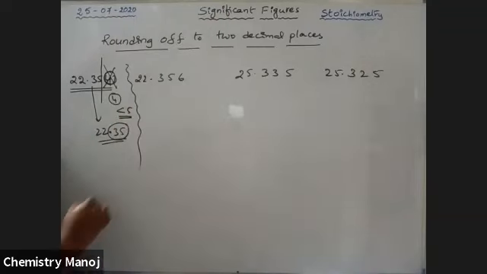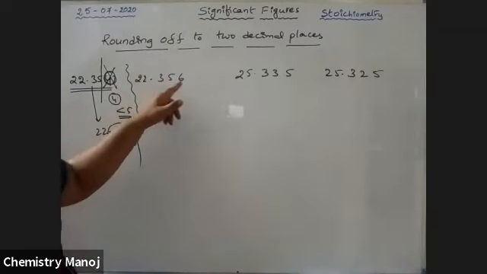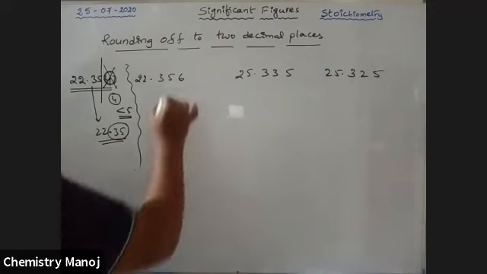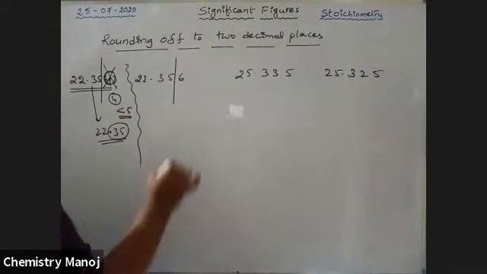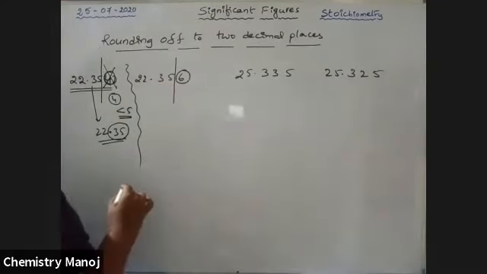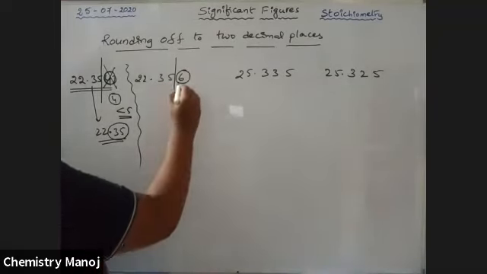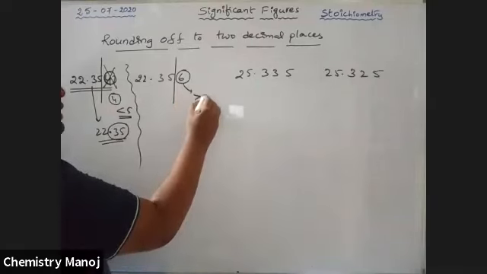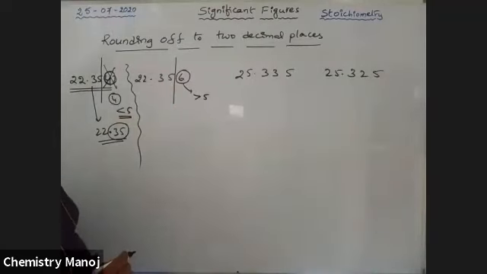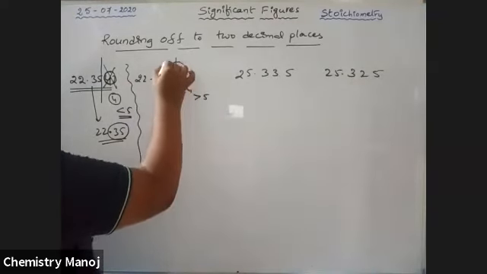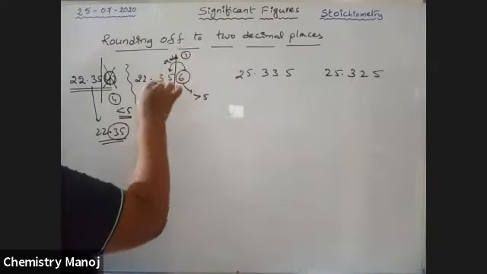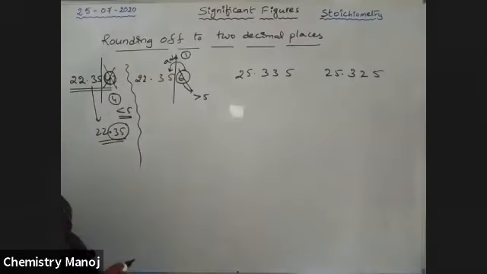Next question: 22.356. Now I cut this value up to two decimal points. The next value is greater than 5. So add 1 to the previous value and neglect it.